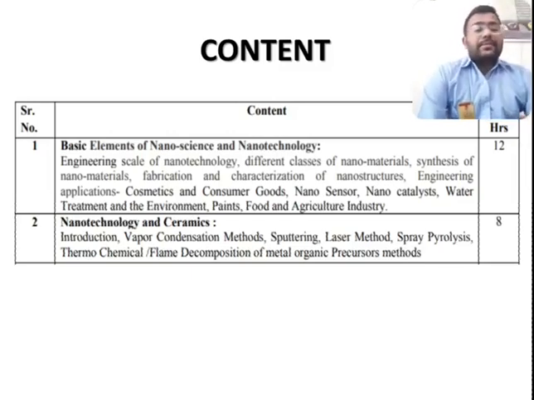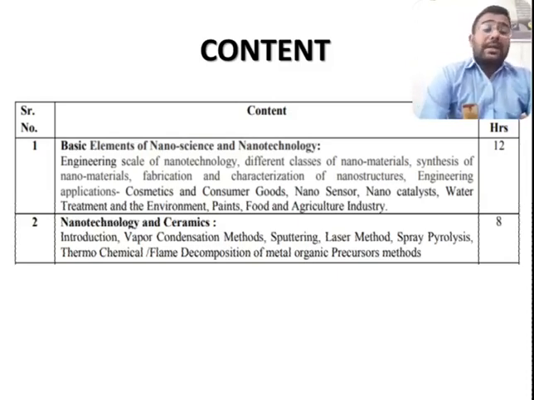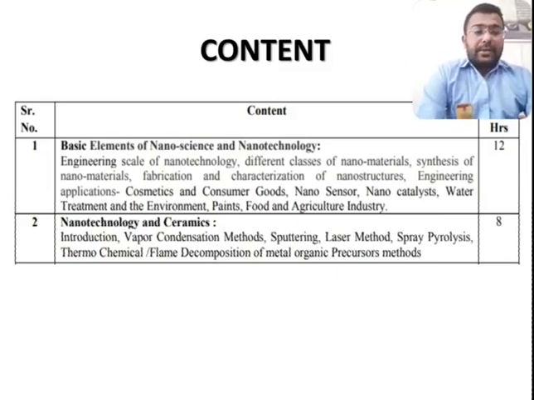That means nanomaterial is used in a large area, right, such as fabrication, manufacturing, cosmetic products and sensors. Sometimes we use nanomaterial in sensors for sensing such good things, right?